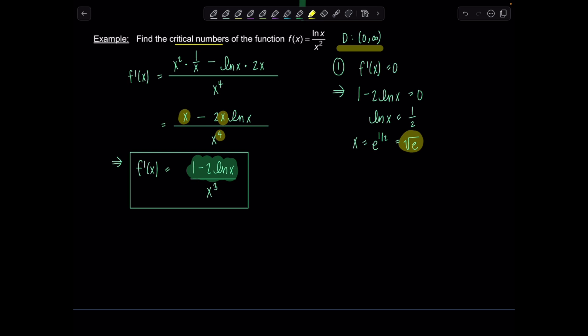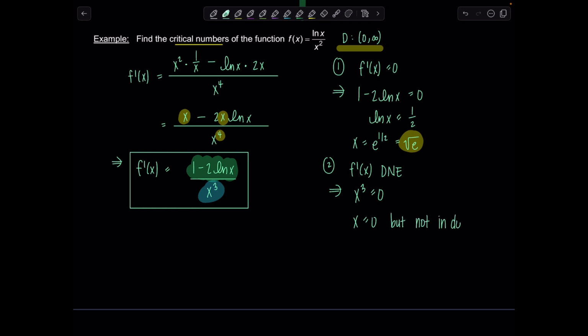Second place where we get critical numbers is where the derivative does not exist. And that happens when the denominator is 0. The denominator is x cubed, which only happens if x is 0. But that's not in the domain.